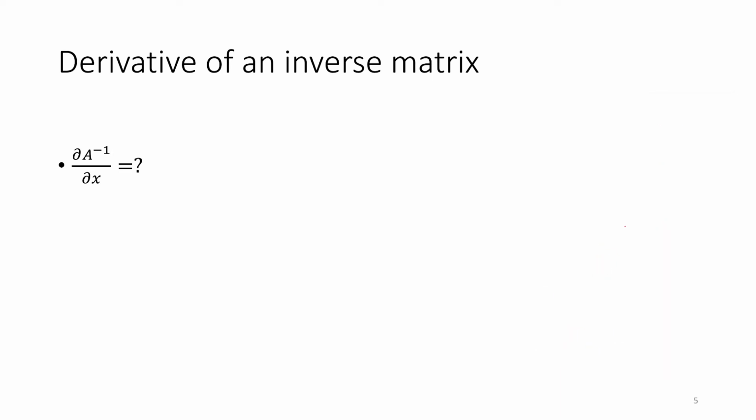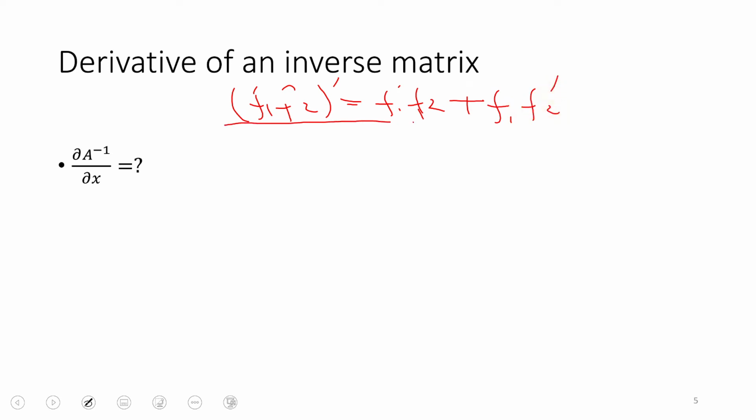Remember, if we have, for example, two functions f1 and f2, and we want to find the derivative of f1 times f2, it is equal to f1 derivative times f2 plus f1 times f2 derivative. This is the scalar function version of the product derivative rule.